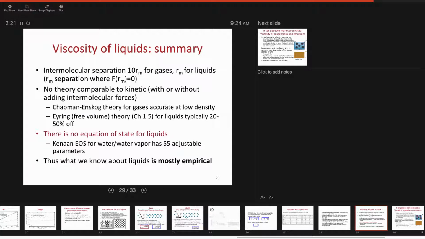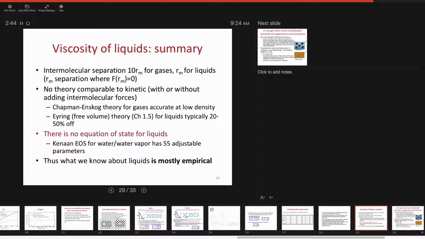You have gases moving relatively freely without being caged by other molecules of the same kind, whereas for liquids the molecules are much closer together, and therefore intermolecular forces are much stronger. So there's no theory comparable to kinetic theory that works rather well.